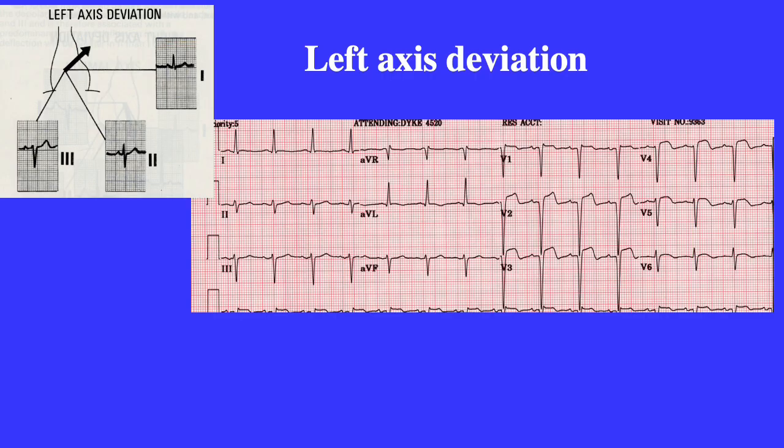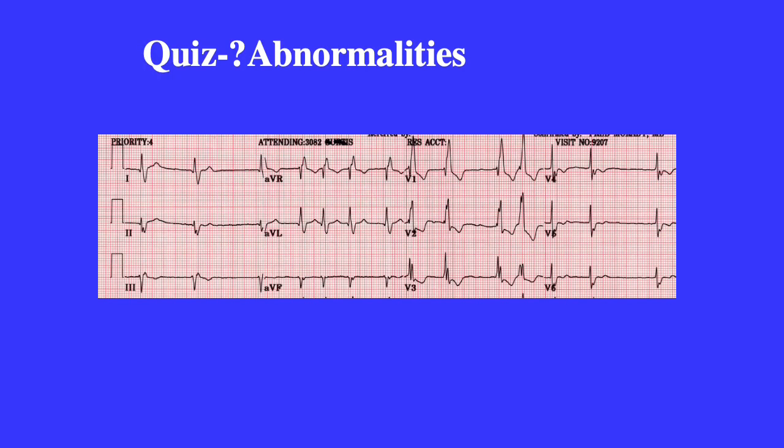And in this EKG, you will see that in limb lead 2 and 3, the vector is negative, and the QRS complex is pointing downwards, while in limb lead 1, it's upright. So this is a classic left axis deviation.